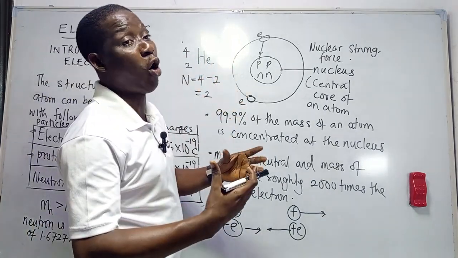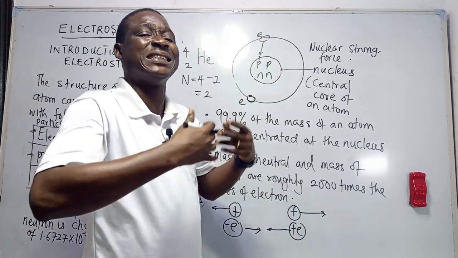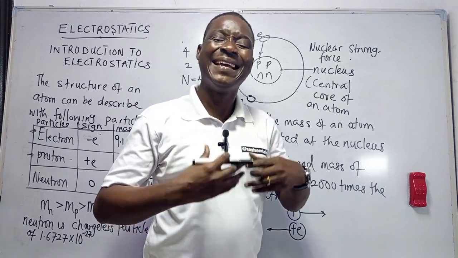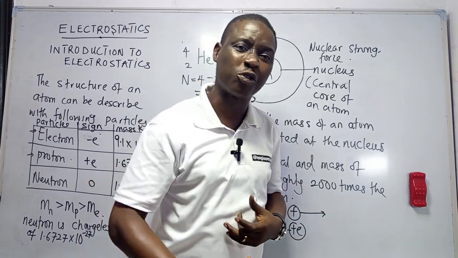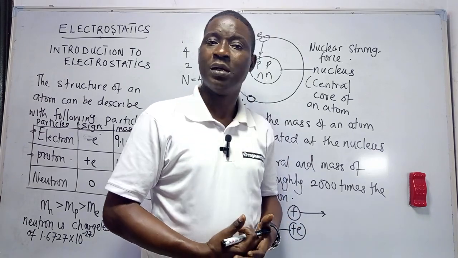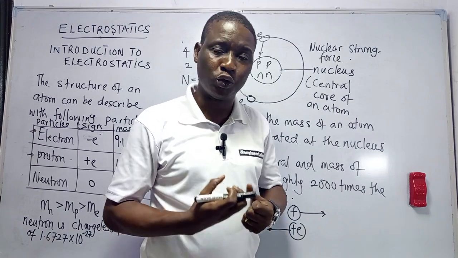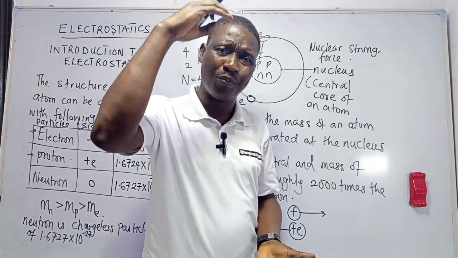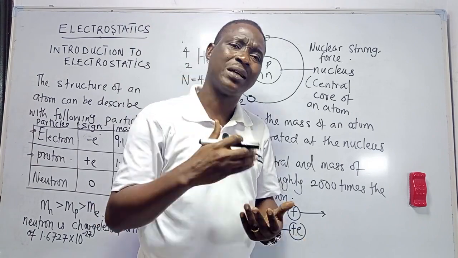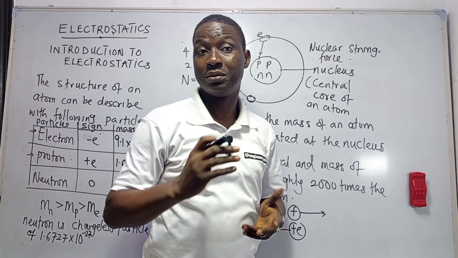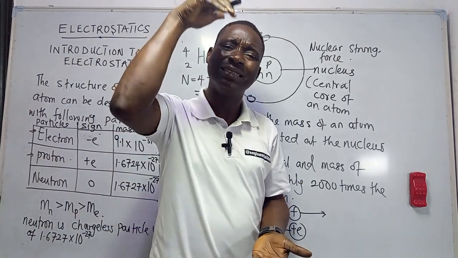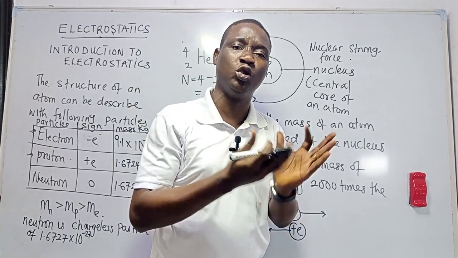So the stability of an atom is a result of the strong nuclear force being greater than, or overcoming, the repulsive force created by the protons in the nucleus of an atom. Now, what makes electrons be held in their shell? One of the things responsible for that is that the electron is attracted to the proton inside the nucleus.